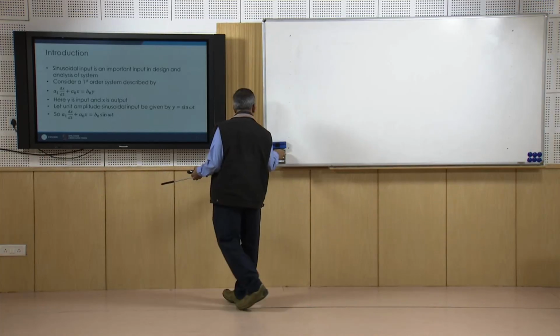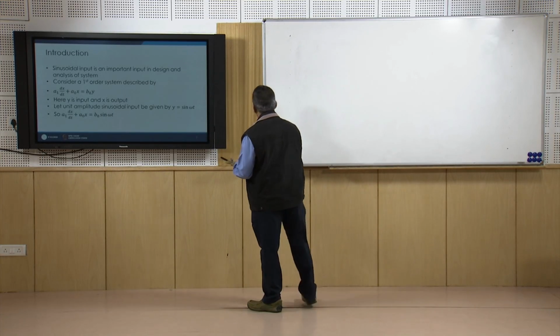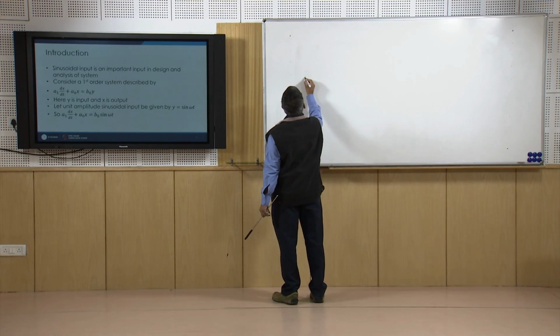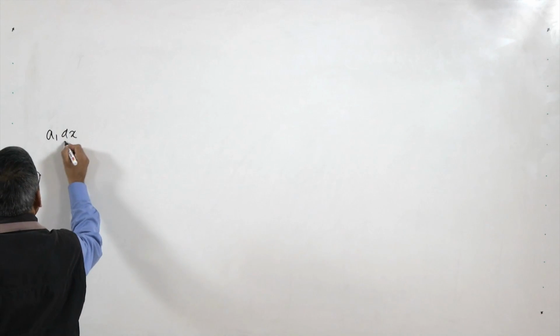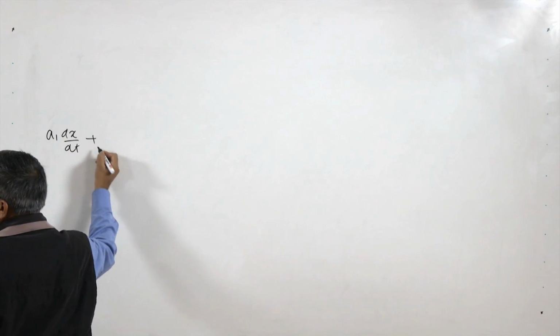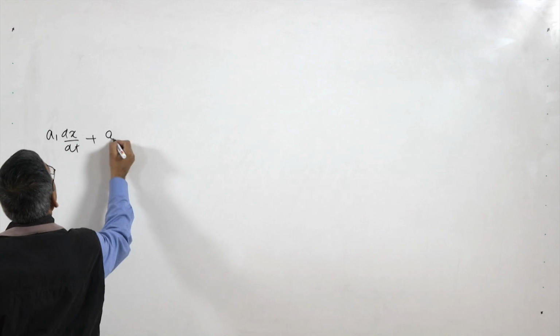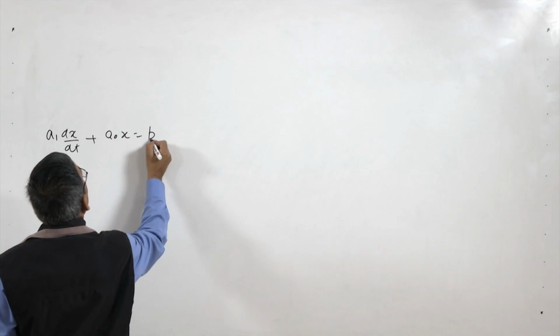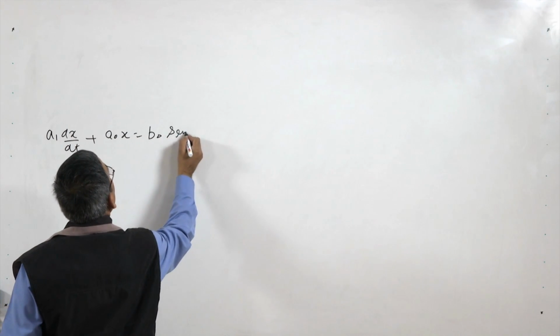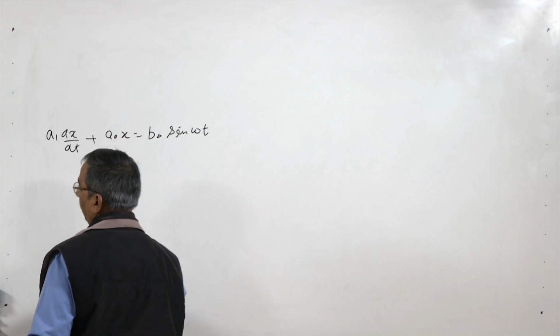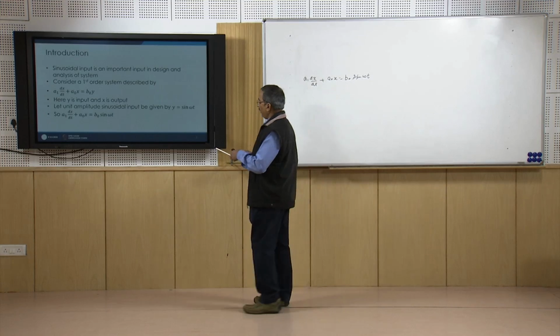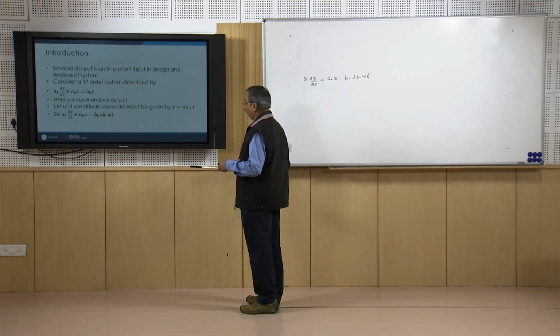So, what I have is a1 dx by dt plus a0 x is equal to b0 sin omega t.